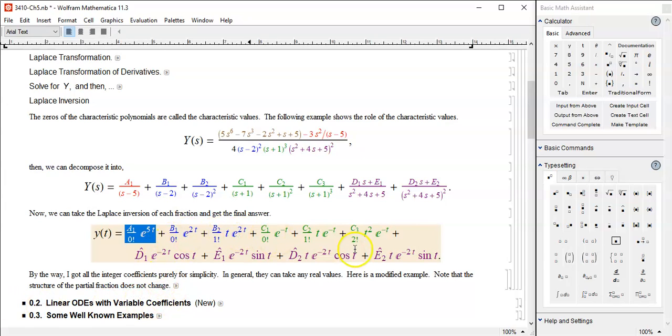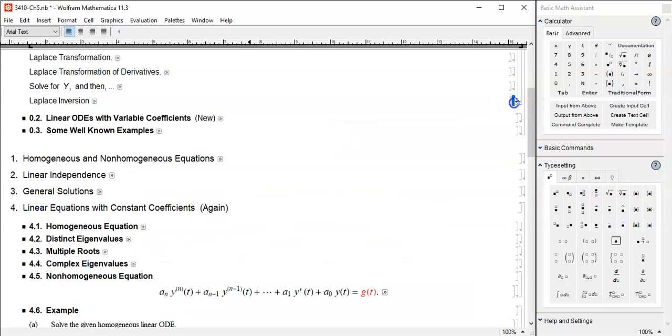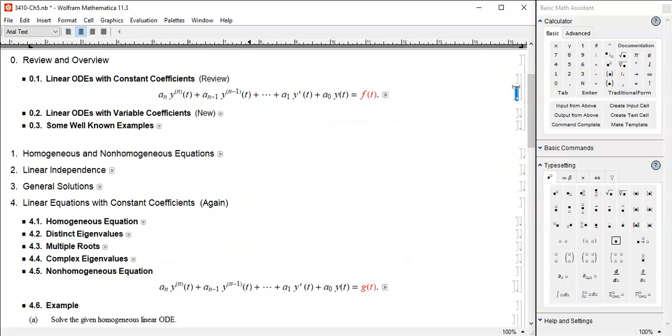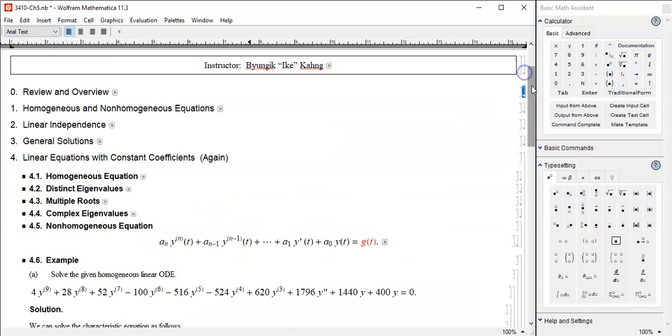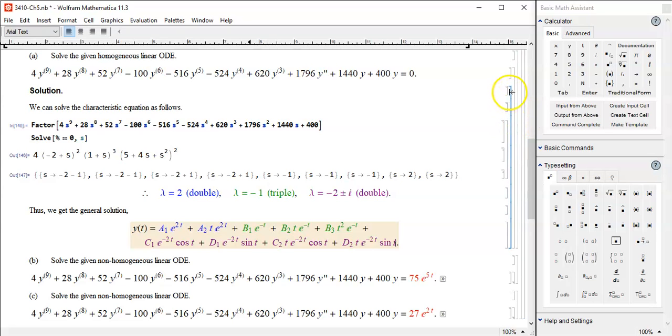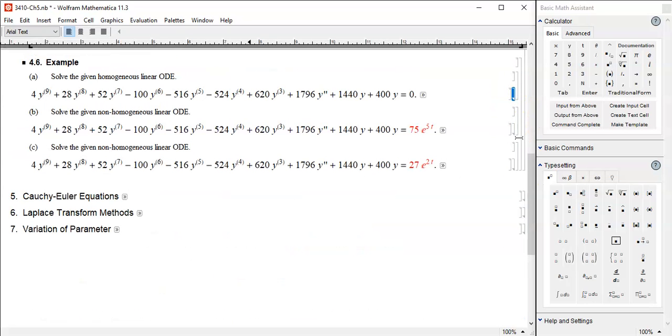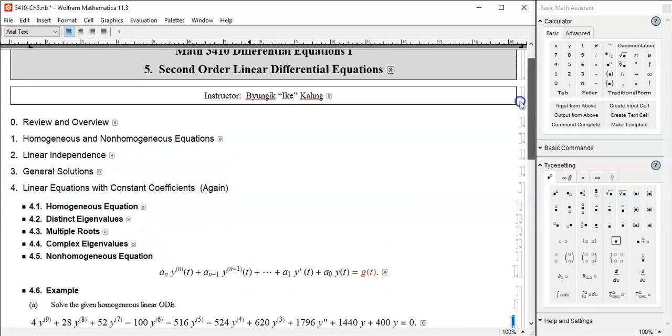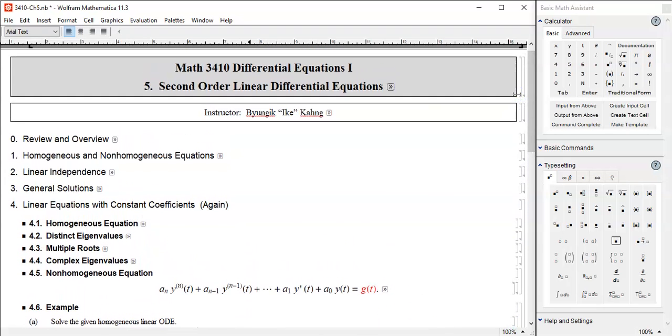The blue, green, and purple correspond precisely to the same colors in this problem down here. Of course, in reality, you're going to be dealing with a much simpler problem when you're doing this in paper and pencil method. But I wanted to show you the general case with some distinct eigenvalues and how to deal with multiplicities, how to deal with complex, and so on and so forth.